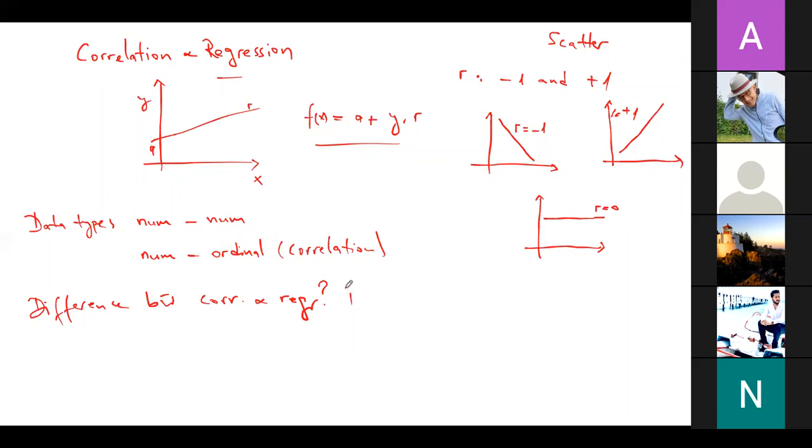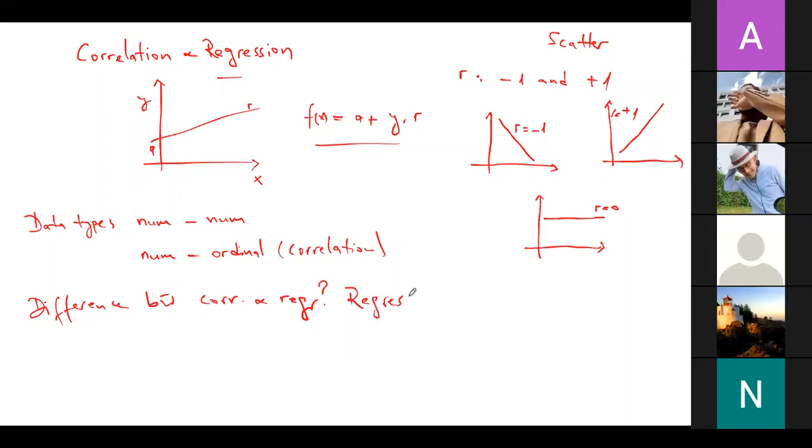Regression tries to estimate a variable based on the other one.